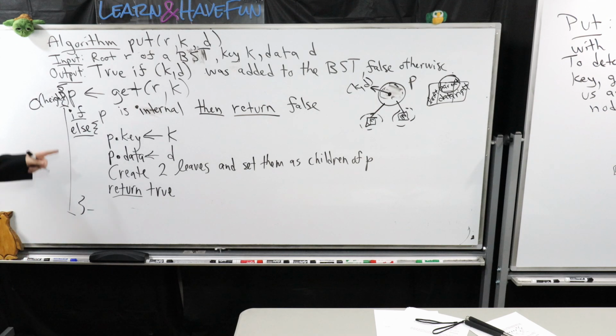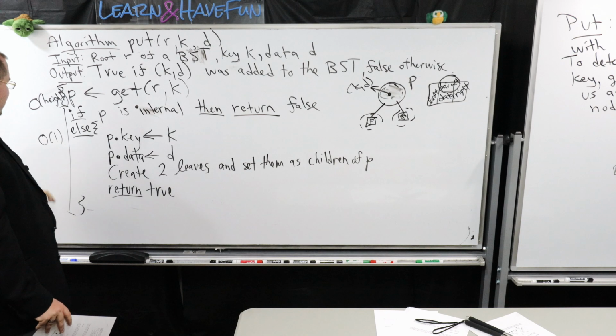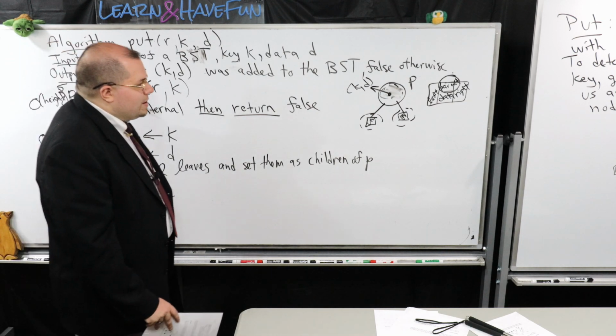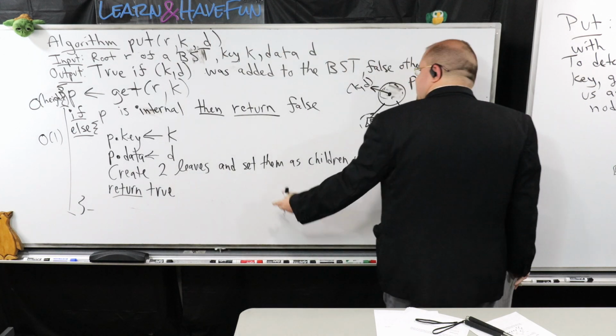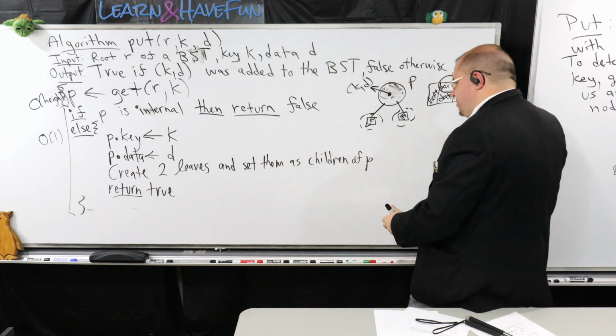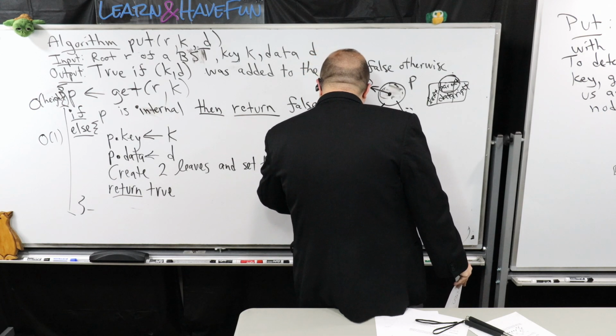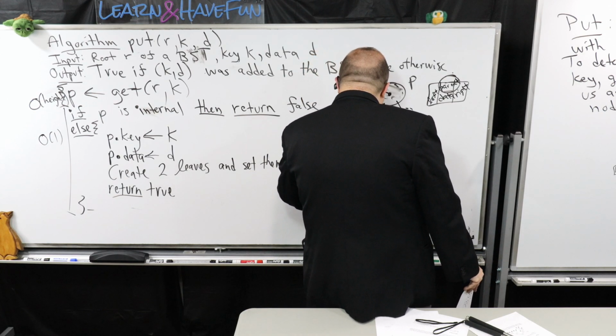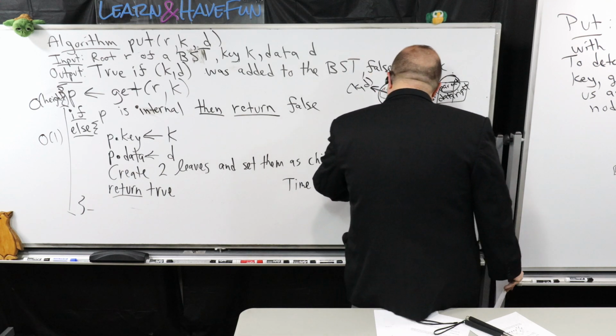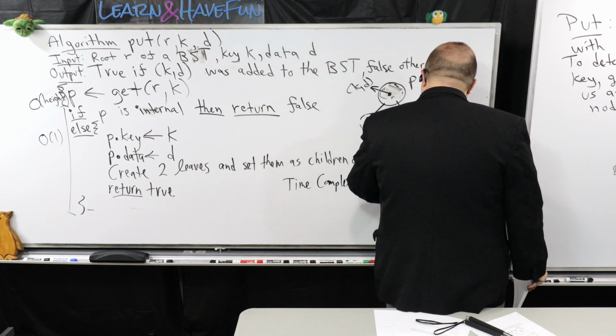In terms of big O, what would you say this is? It's constant, exactly. So all of this is just big O of 1. If you add these operations together, you can say that the time complexity in the worst case is going to be big O of the height again.